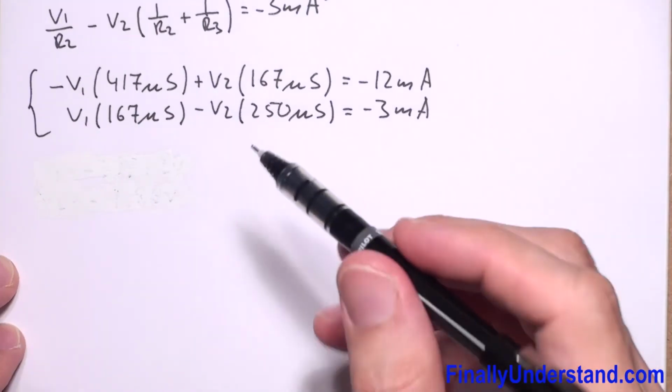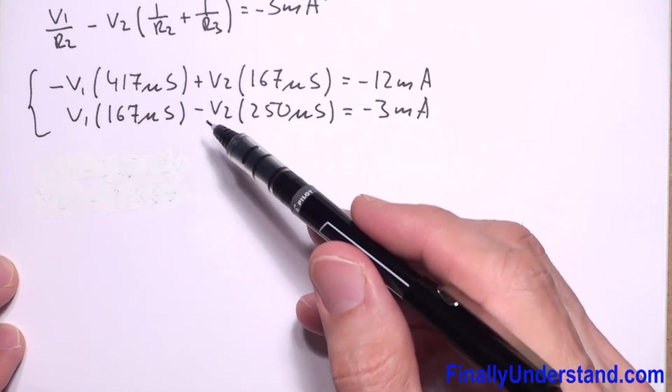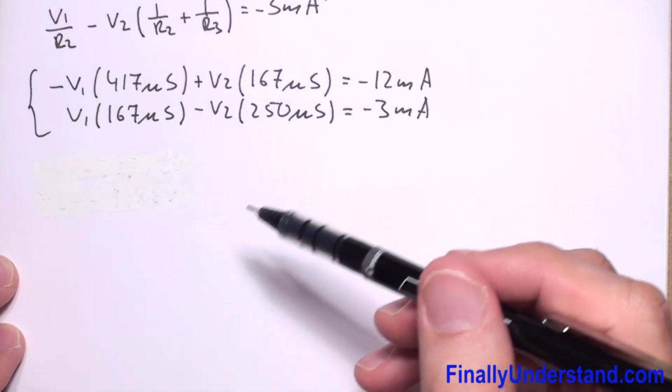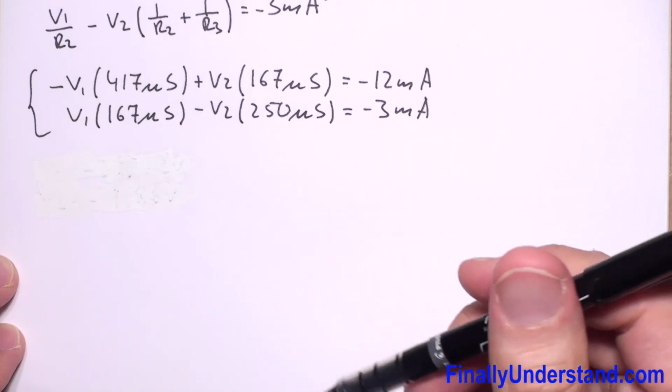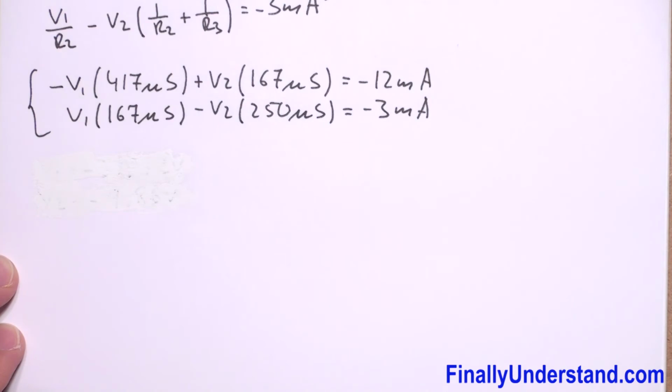I copy down the two equations which we obtained, and now we're supposed to solve these two linear equations for V1 and V2. I'm going to use the calculator to do that.